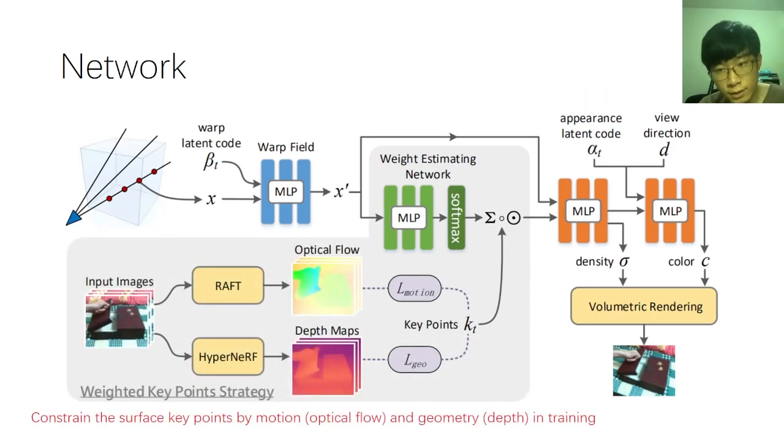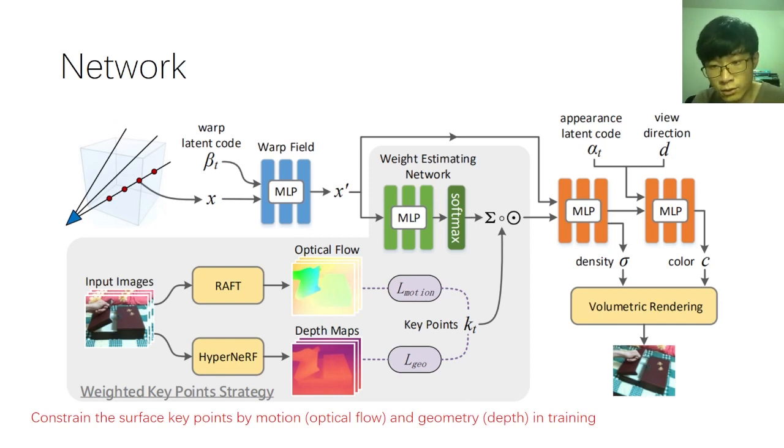In our network training, we optimize the key point positions in each input frame. We use optical flow and depth maps to supervise the key point positions in order to keep the time consistency of our key points. First, we propose a motion loss to ensure that the 2D key point positions in two adjacent frames are consistent with the optical flow.